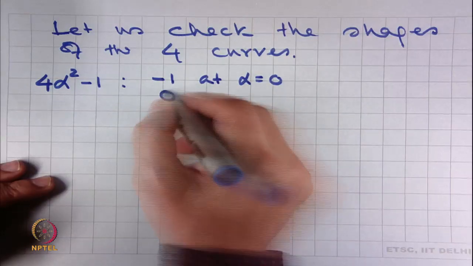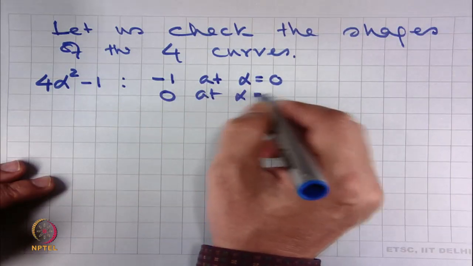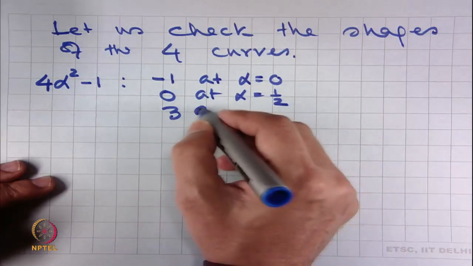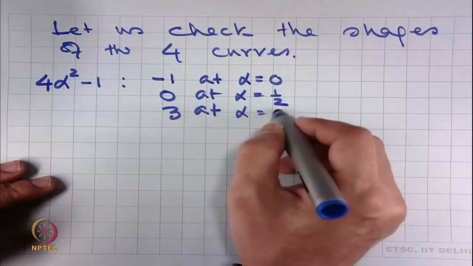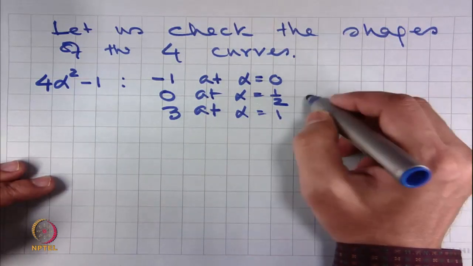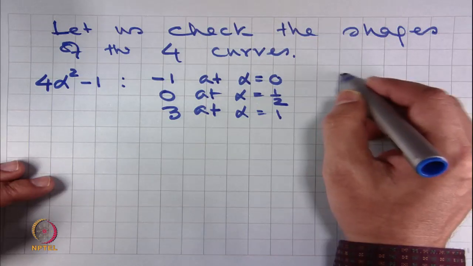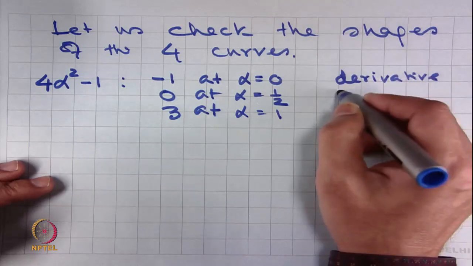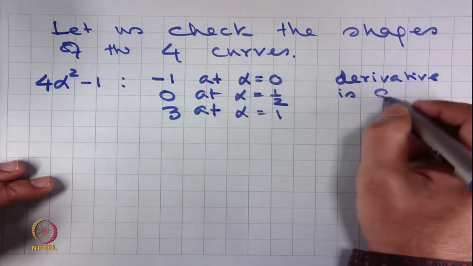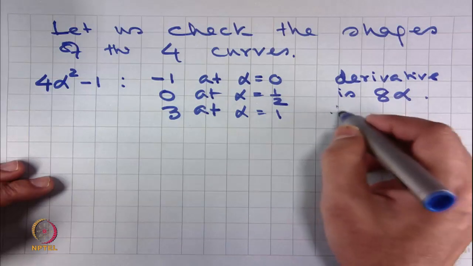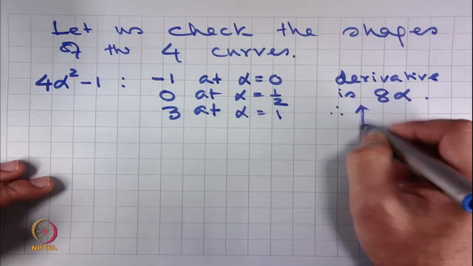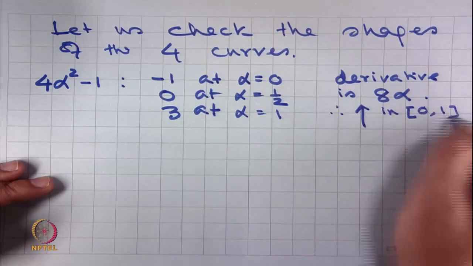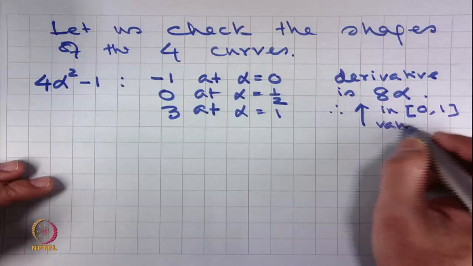So, it is 0 at alpha is equal to half and 3 at alpha is equal to 1, and its derivative is 8 alpha. Therefore, it is increasing in 0 to 1 values for alpha.